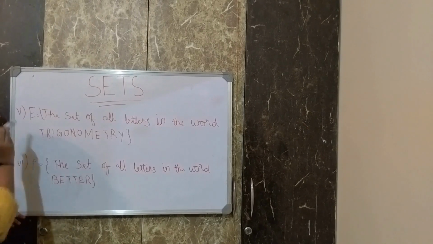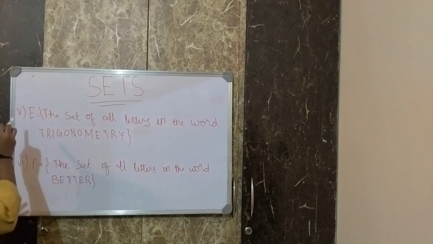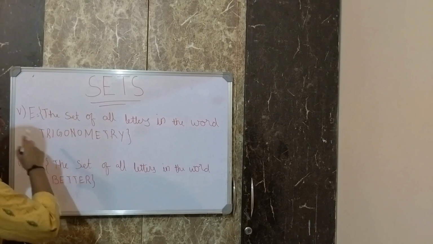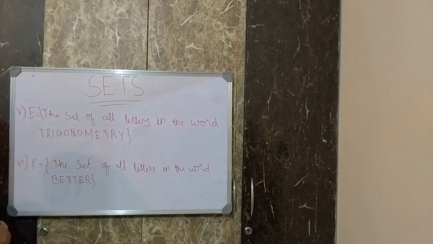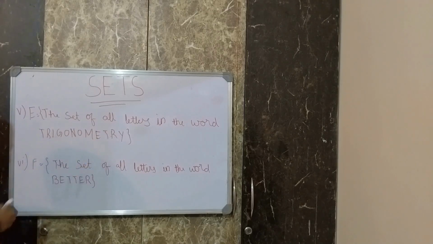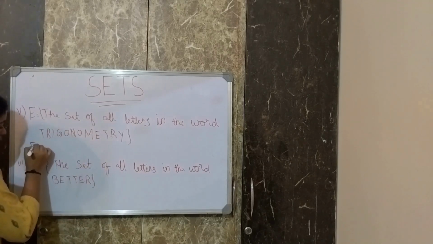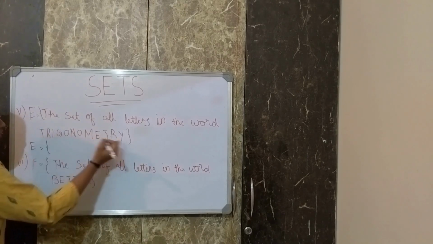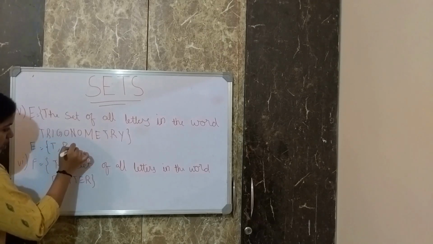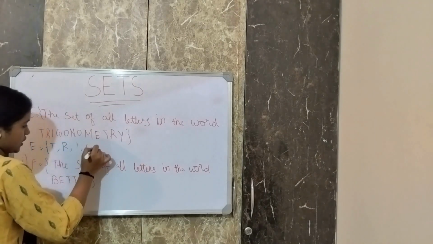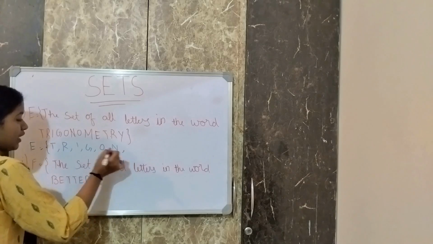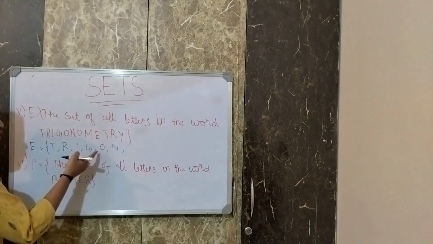Now moving on to the fifth one, we have set E equal to the set of all letters in the word trigonometry. So we have to just list those letters in the word trigonometry. Set E equal to, which letters come in trigonometry? T, R, I, G, O, N. You don't have to write O again because O is already written.